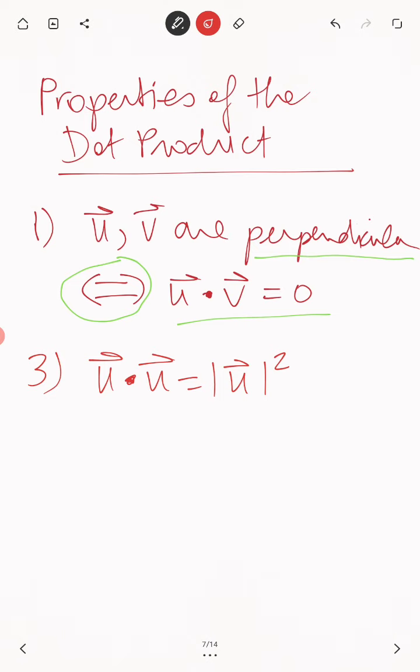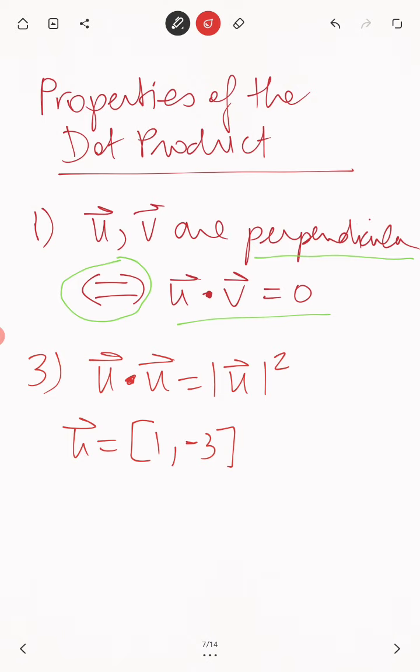So I'm going to verify that using a vector u = (1, -3), and I've just picked this vector randomly. You can use any vector you like. You can also do it in general, which I believe is example 5 in the textbook, where you prove that algebraically.